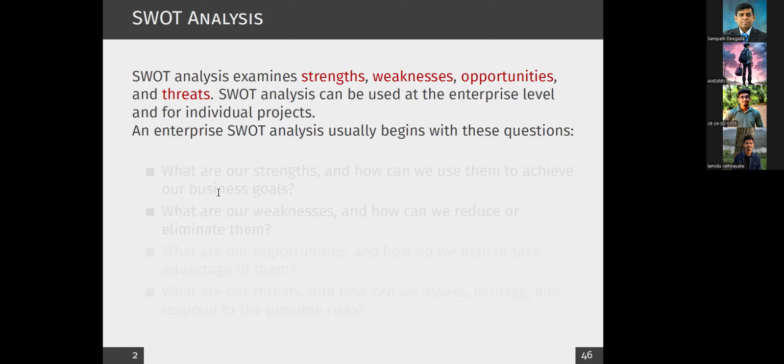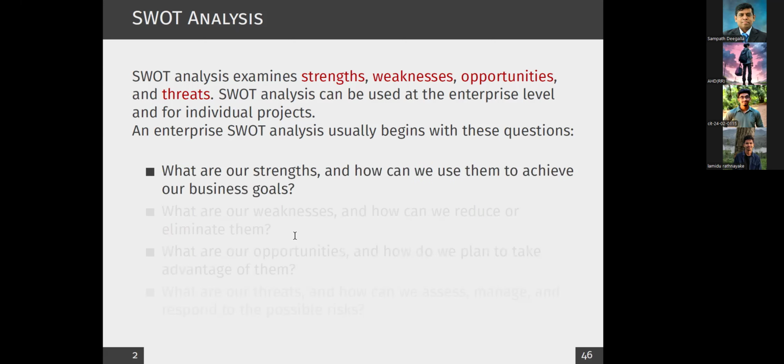In our case, we are discussing developing an information system. So what are the strengths, the weaknesses, the opportunities, and the threats? You need to identify them, and during SWOT analysis you can ask various questions. Starting with strengths: what are our strengths, and how can we use them to achieve our business goals?